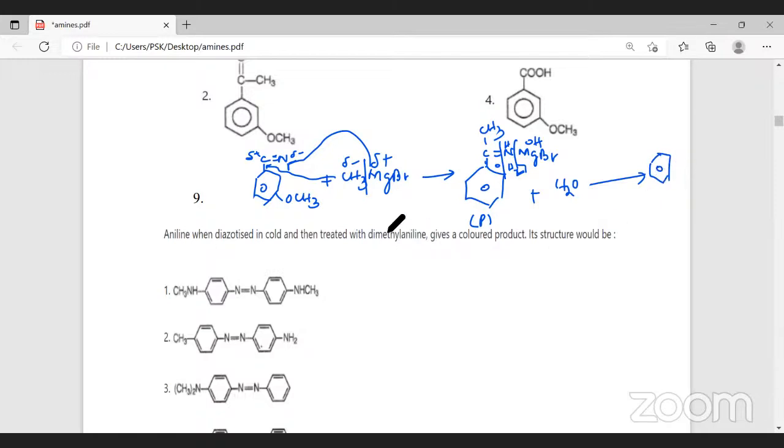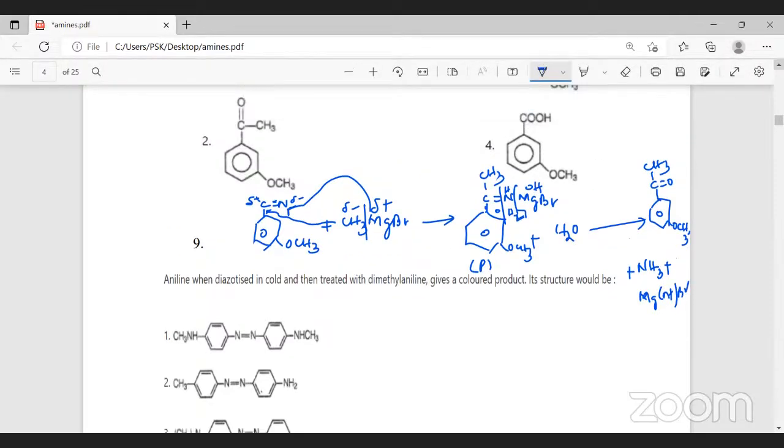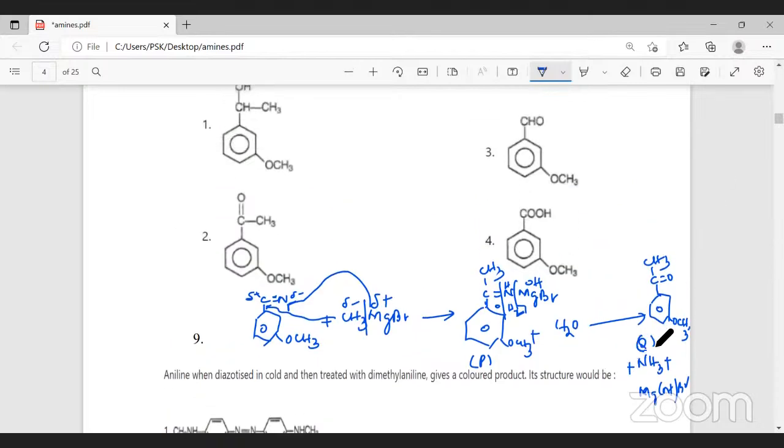Oh, I forgot, OCH3 is here. We have now C with a double bond to O, and a CH3. The byproduct we get is ammonia gas, and also Mg, OH, and Br. This is Q. The answer for this question, Q, is option 2.